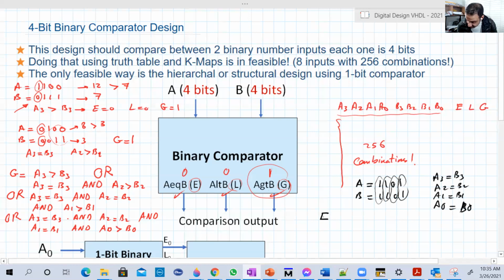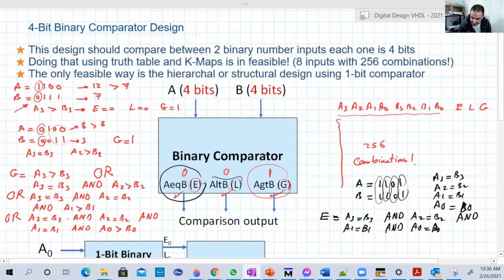So E, the first output here, will be 1 only if all the corresponding bits are equal. I mean A3 equal to B3 and A2 equal to B2 and A1 equal to B1 and A0 equal to B0.